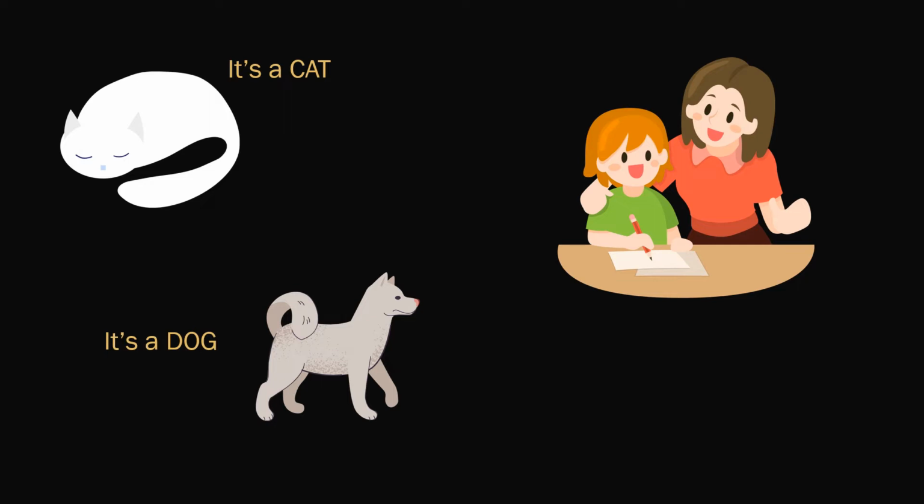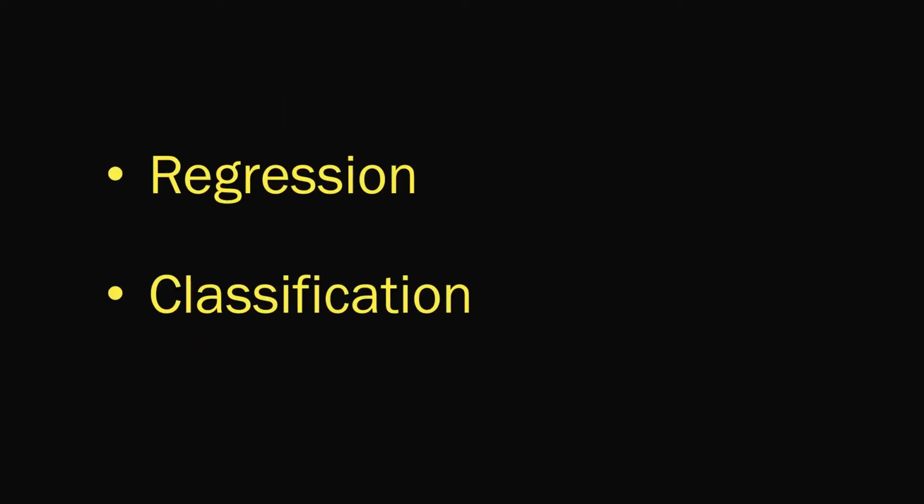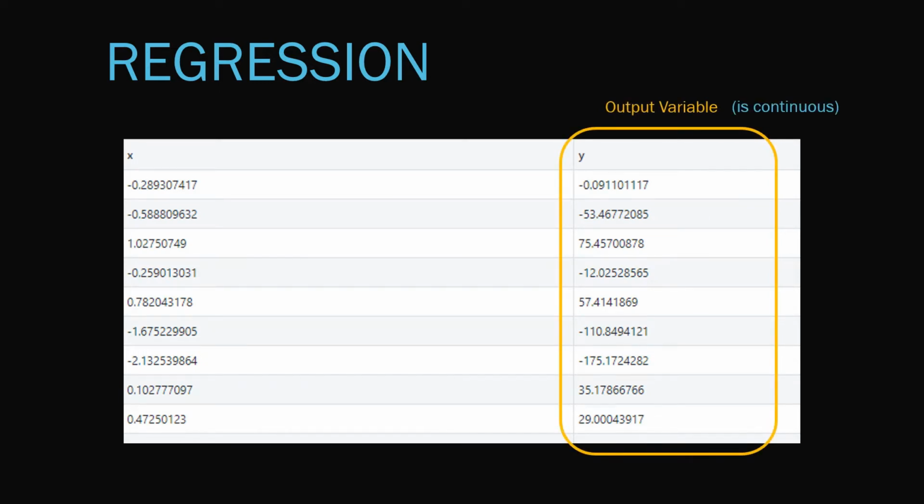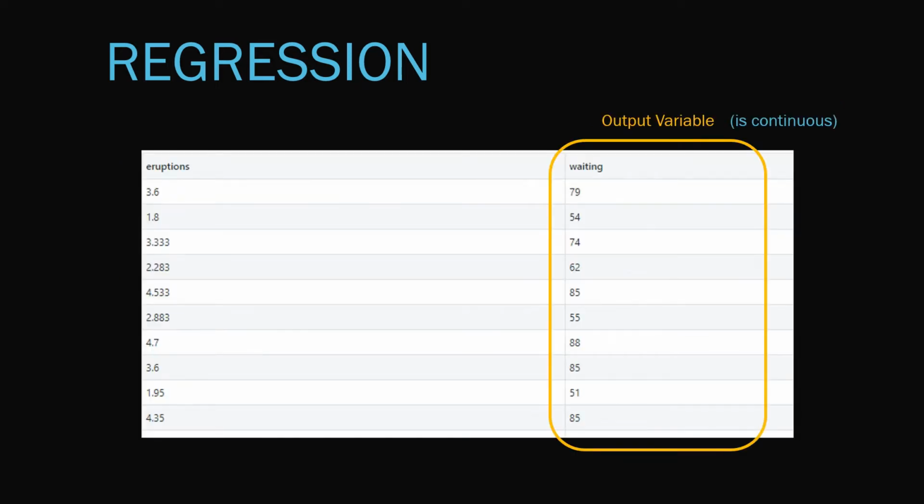it's learning. There are two types of problems on which supervised learning can be used, and they are regression and classification. In simple terms, when the output variable is continuous, that is, it can have any number present on the number line and it has a wider range, then it is a regression problem.